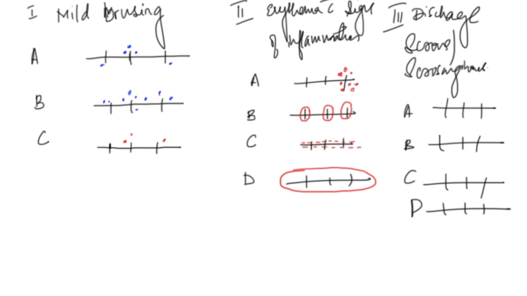A is when you're having discharge which is coming at a small point. How shall I show the discharge? I'll use green. Green is serous discharge in this diagram. So you're having serous discharge from this point.